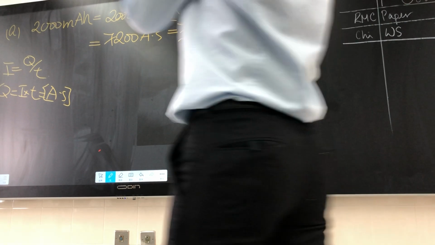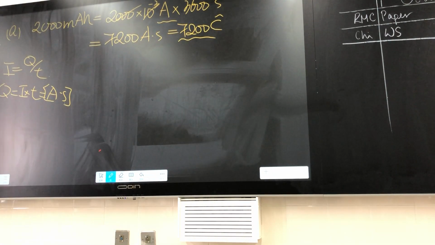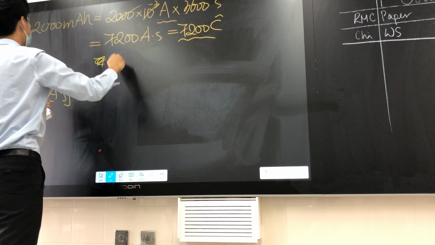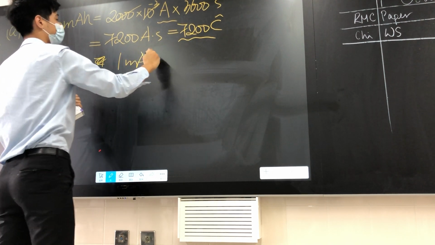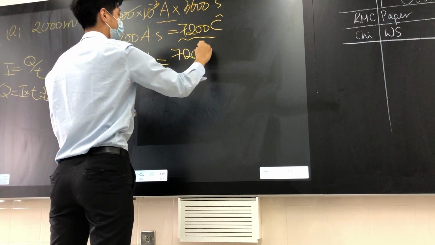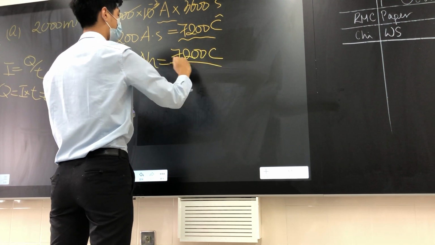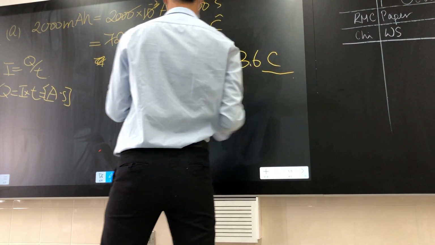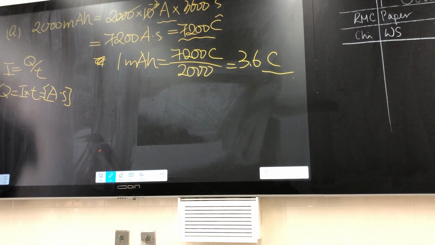Okay, so your question asks that 1 mAh is equivalent to 3.6 units. So what is that unit? You use this one: 1 mAh equals to 7,200 over 2,000, which is 3.6 C. So that unit is coulomb.